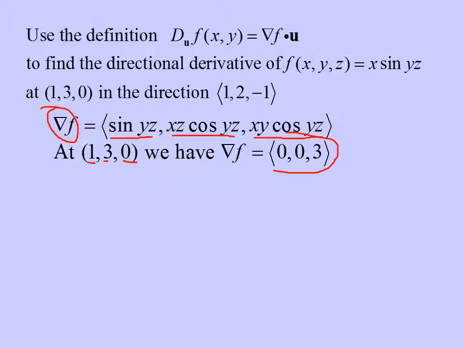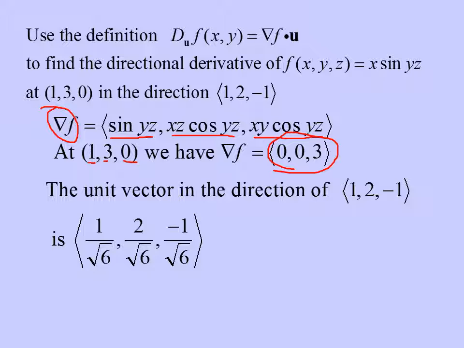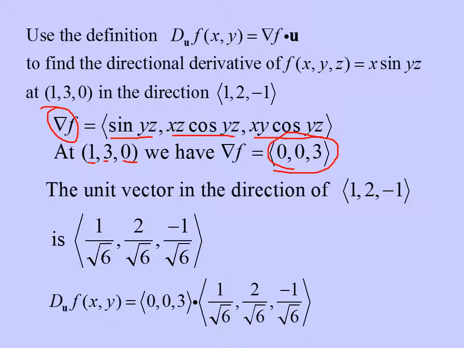So this is our gradient vector at the point 1, 3, and 0. So the vector 1, 2, -1, which is our direction vector, is not a unit vector. We need to find the magnitude of that and turn it into a unit vector. Also, you could do that on a TI-89 using the unit vector command, and then do the dot product of those. Now, this is easy enough to do by hand. Since the first two components are zeros, we just get 3 times -1 over square root of 6. So that's our directional derivative.